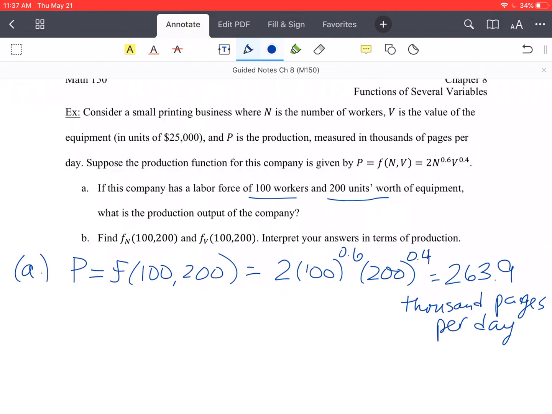Okay, so we have 263.9 thousand pages per day. That's how much they're producing at this current level, if they have 100 workers and 200 units worth of equipment. That's how much they're producing every day.